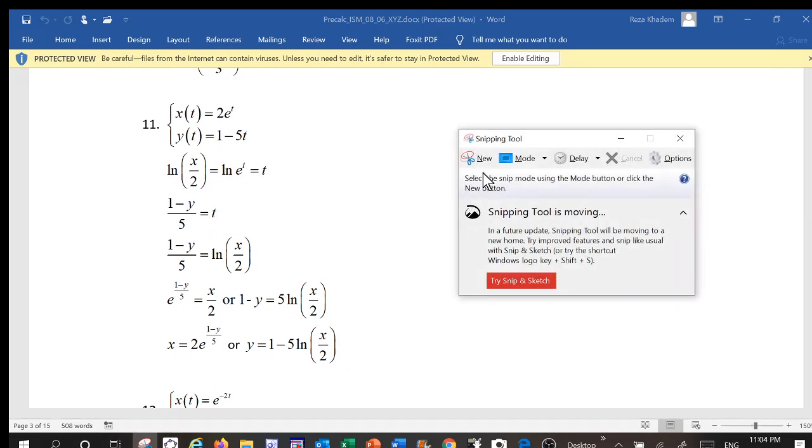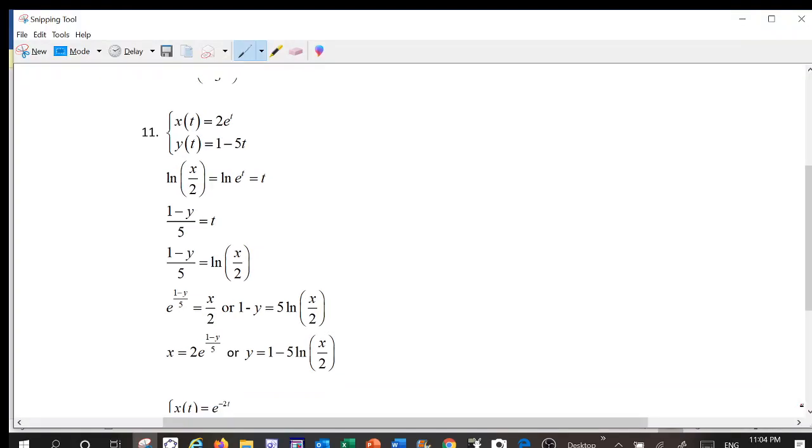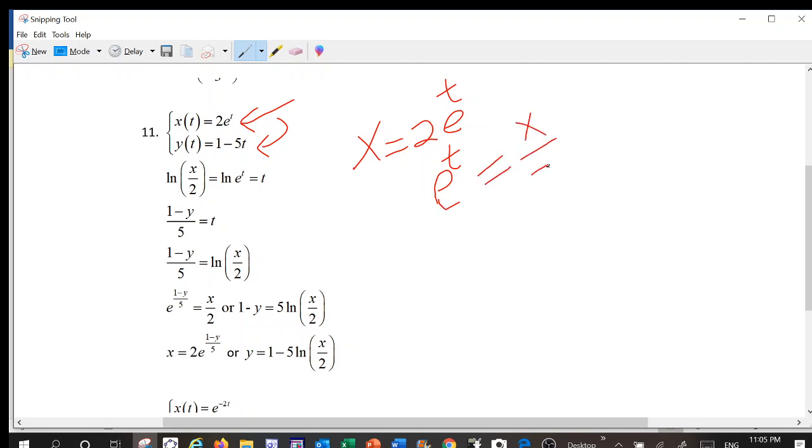There are many of them, like here is another one. In this case, we've got to solve for t in one of them. Well, here we can solve for t here and put it back in here, right? So x equals 2e^t. So e^t equals x over 2, right?